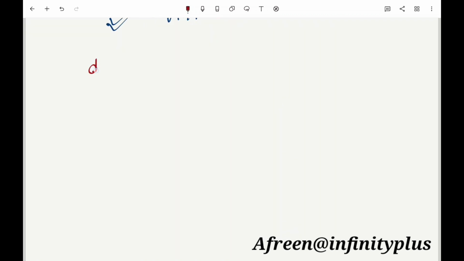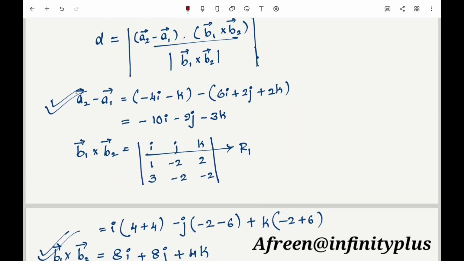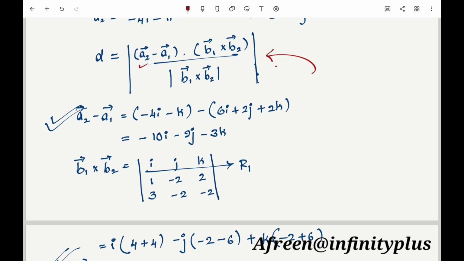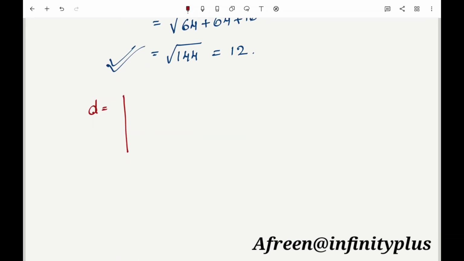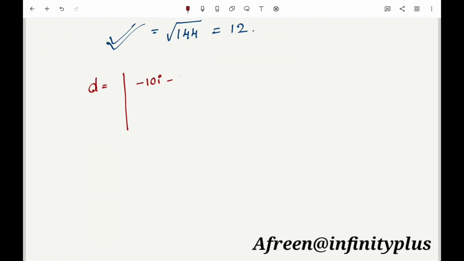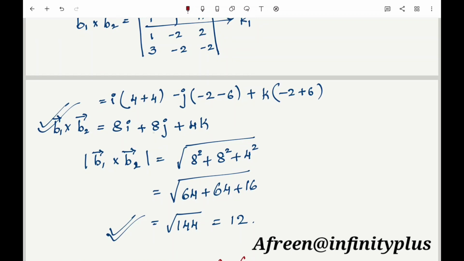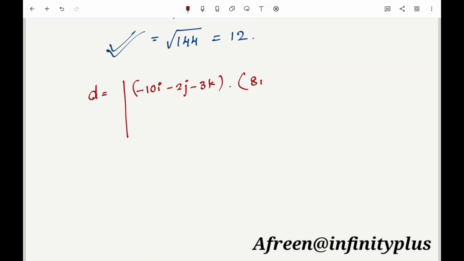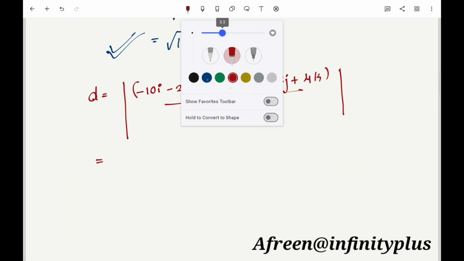So the formula d is equal to magnitude of, you can observe that this is the formula, and first you have to substitute a2 minus a1, which is minus 10i minus 2j minus 3k dot b1 cross b2 vector you are having as 8i plus 8j plus 4k, whole divided by magnitude is 12, which is equal to, take the dot product of these two vectors.